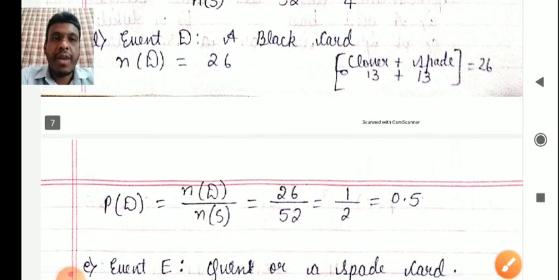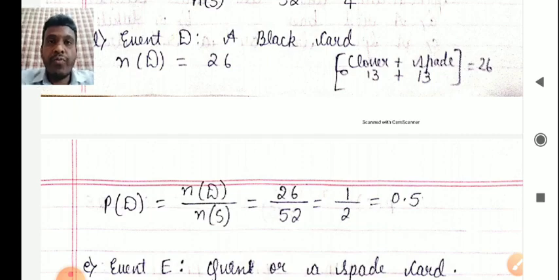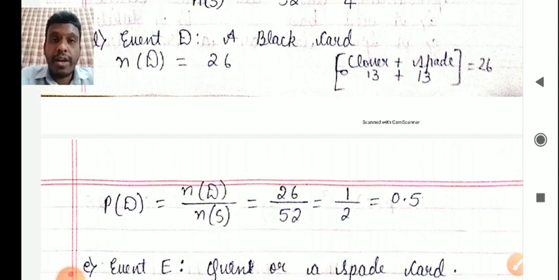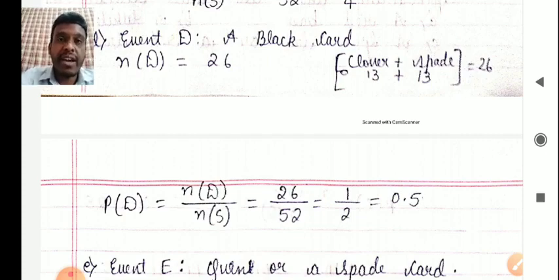Event D, a black card. Now what do we mean by a black card? The design printed on the card is black in color. So we have two instances where the design is printed in black color, that is, it might be a spade or it might be a clover. In both of these sets we have black color design, and that is why 13 plus 13, total 26 cards we have which are black in color, and the other remaining 26 are red in color.